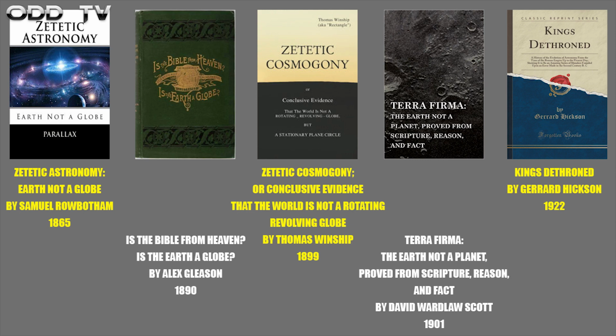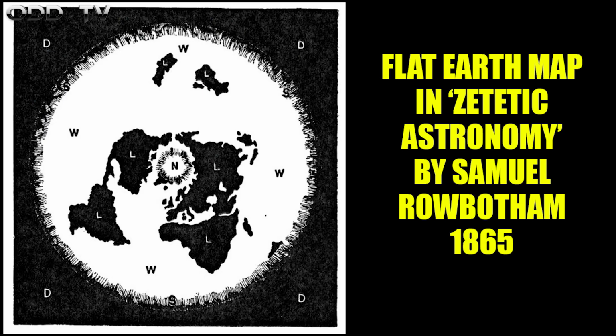From 1890, and that one was written by the guy who made the now famous Gleason's map, which is a flat Earth map. We have Zetetic Cosmogony from 1899, Terra Firma, Earth Not a Planet from 1901, and so on. If you go to the website archive.org, you can find all of these and many more to download for free. Here's a flat Earth map in Samuel Rowbotham's book Zetetic Astronomy.